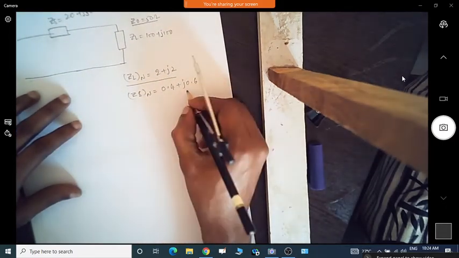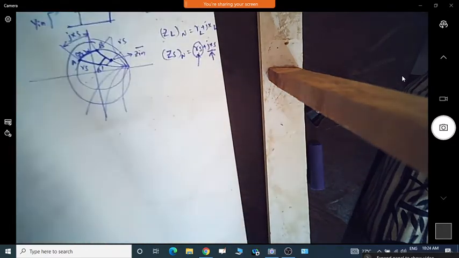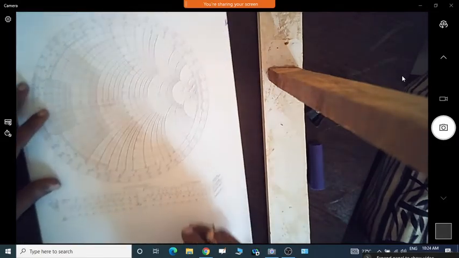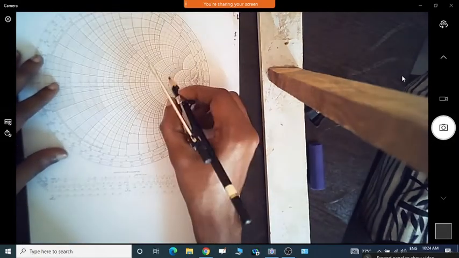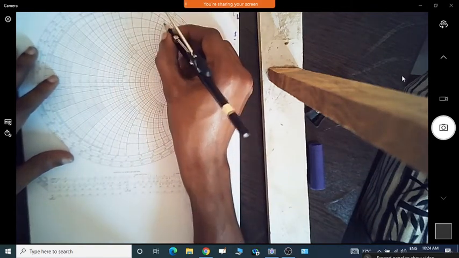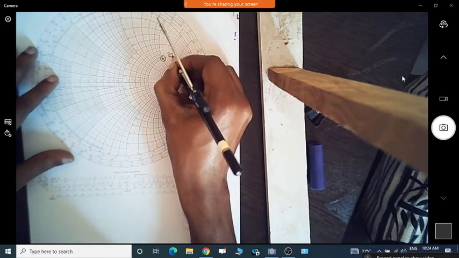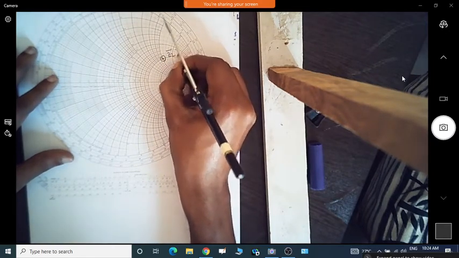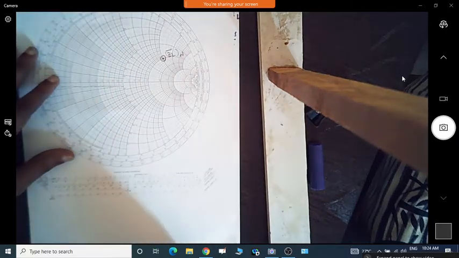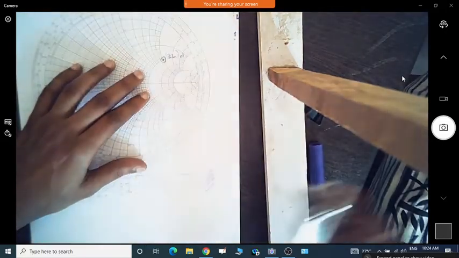You can add reactance or resistance first, either is possible. The normalized value is 2 plus j2, so where we have 2 and plus j2, this point is your normalized ZL. You can call it ZL bar or ZL normalized.